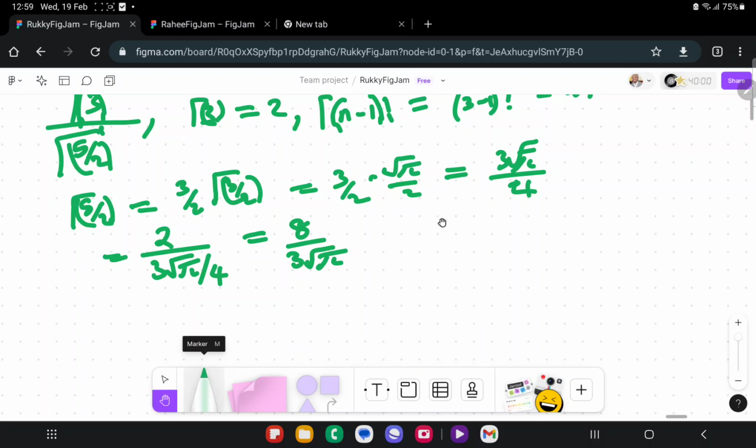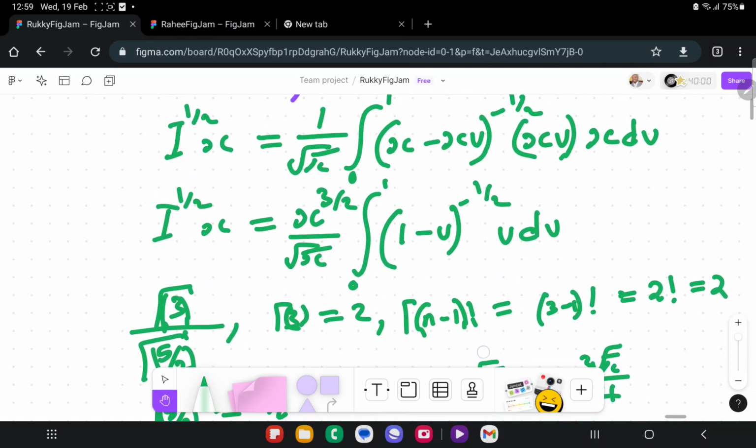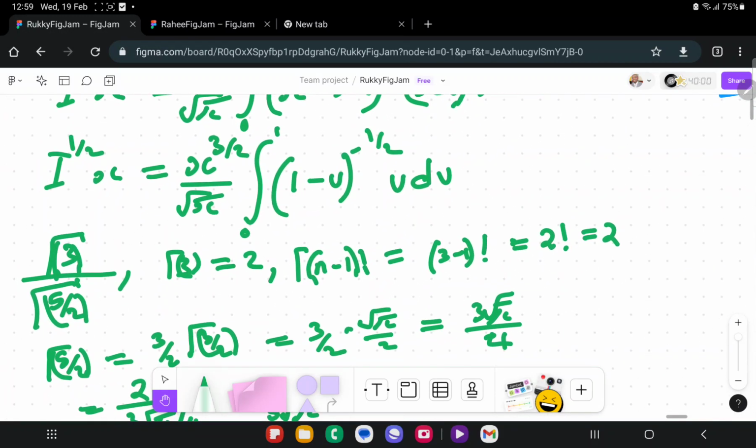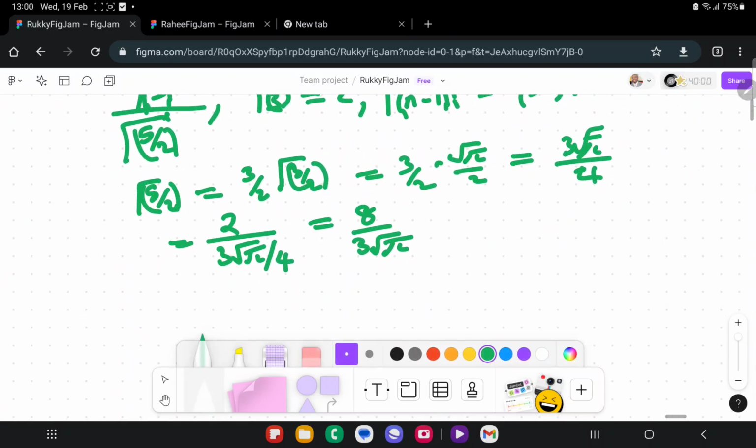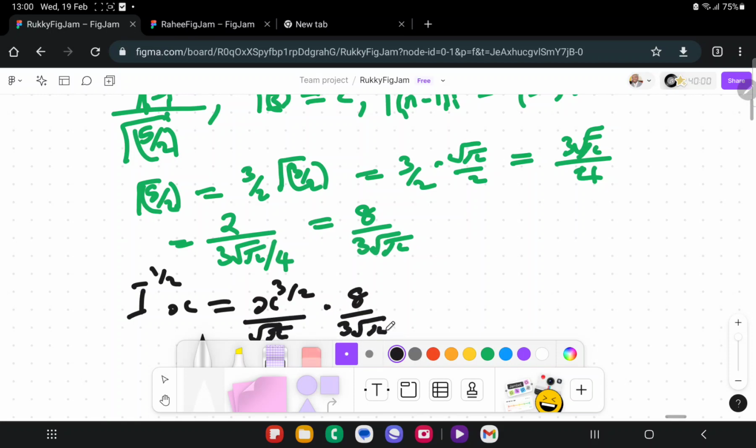So now we can take this back into our integral, because this helped us to simplify the integral. The integral is a beta function, which makes it easier for us. If we substitute it back, we have our integral equal to x raised to power 3 over 2 all over the square root of pi, multiplied by 8 all over 3 times the square root of pi.